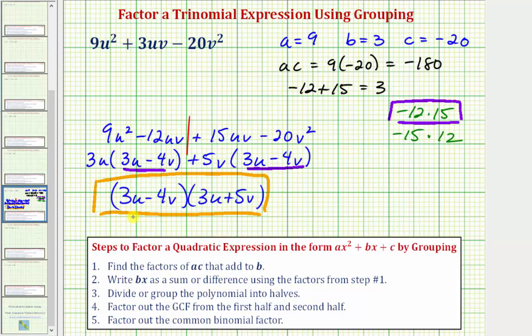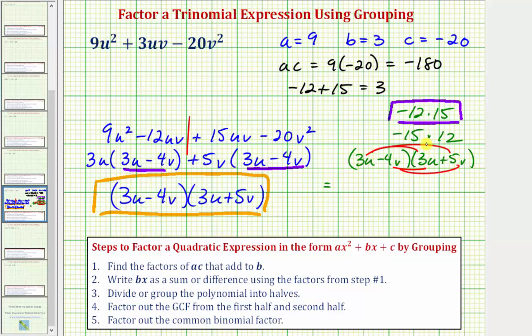Of course, to check this, we can determine this product and make sure it is the original expression. And let's go ahead and do that. So we have 3u minus 4v times 3u plus 5v. And we have four products. We distribute the 3u and then the negative 4v.